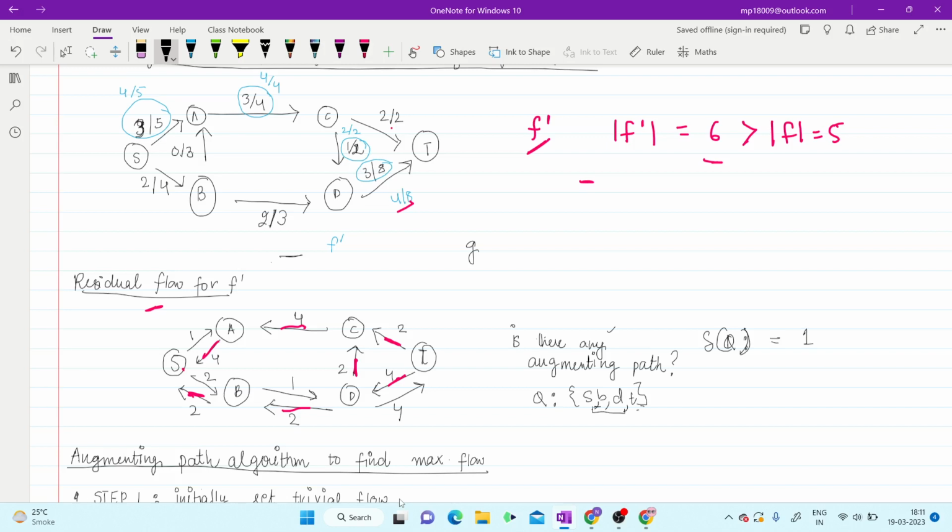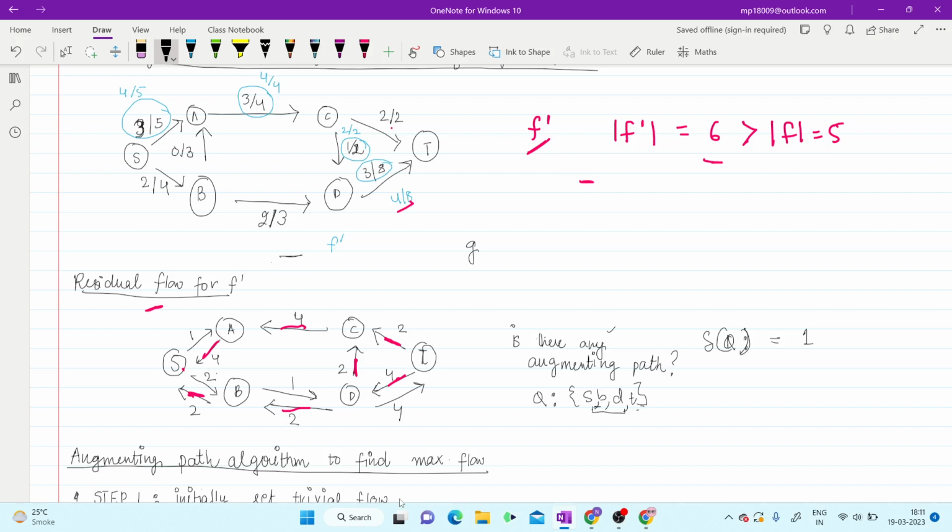Yes, because the minimum value is the minimum of 2, 1, 1, 4, 1. And what do we have to do to construct the new flow? S B becomes 3 by 4.